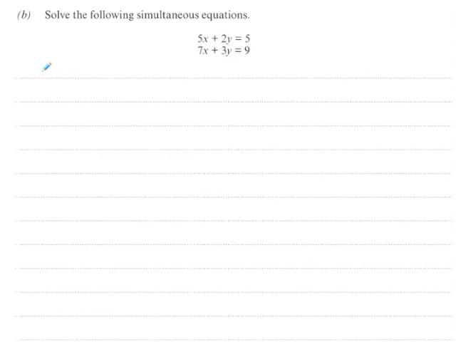So what I'm going to do is say 5x plus 2y equals 5 is a equivalent of multiplying that by 3, we've got 15x plus 6y equals 15.